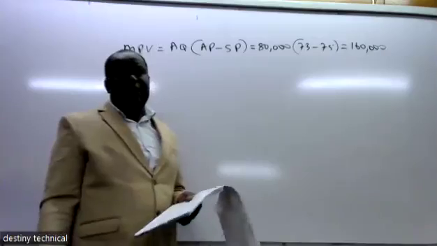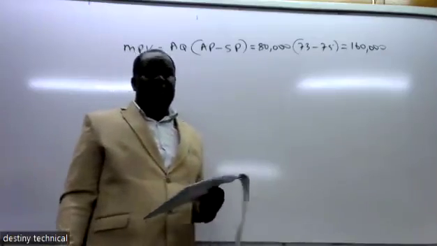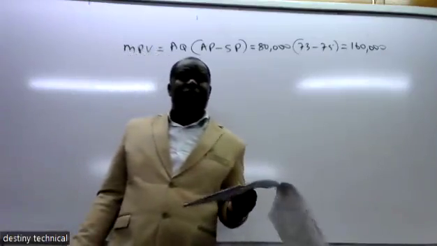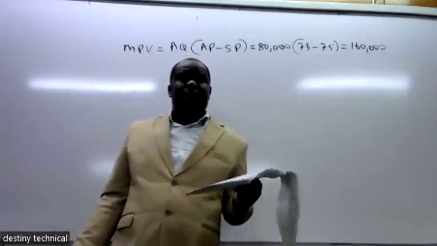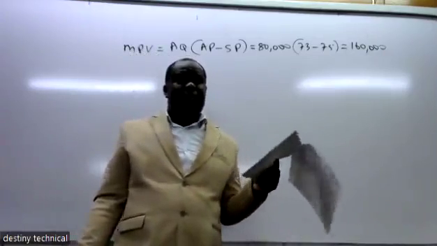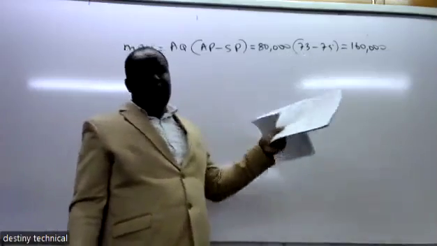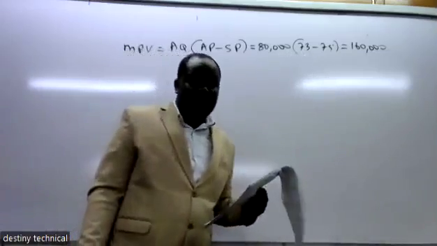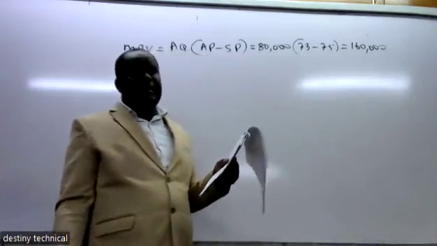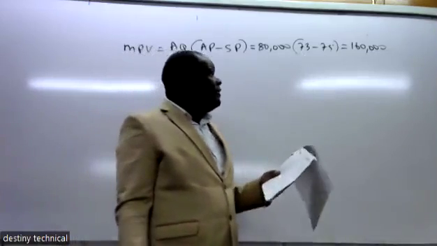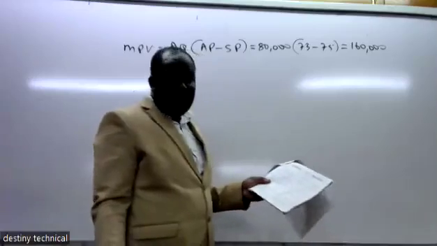We don't say negative. Variances are either favorable or adverse. For variances, you indicate whether they are favorable or adverse. Here the actual price was 73, but the standard price is 75, so this variance is favorable.